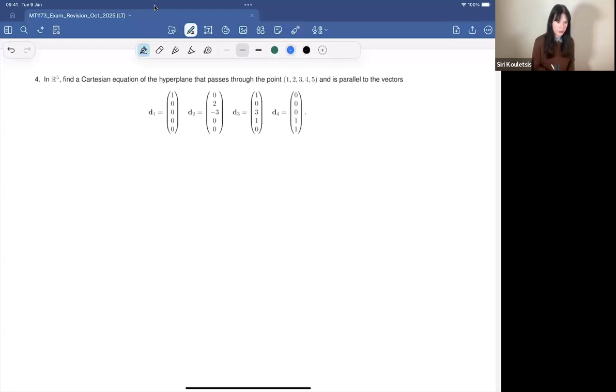And so in other words, saying that the hyperplane is parallel to these vectors is the same as saying that these d_i are the direction vectors for the hyperplane.